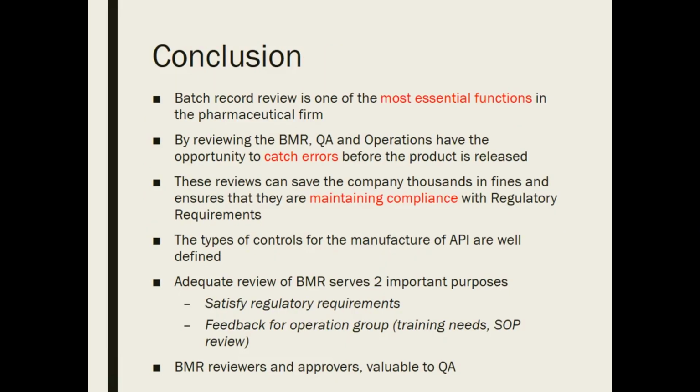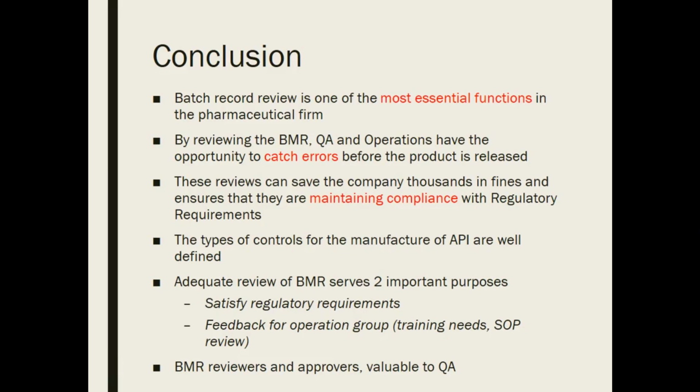So finally, as a conclusion, we can conclude that the process of review of batch manufacturing records is very critical in a pharmaceutical manufacturing firm. By reviewing batch manufacturing records, QA and operations have the opportunity to catch any errors before the product is released for public use or public sale.